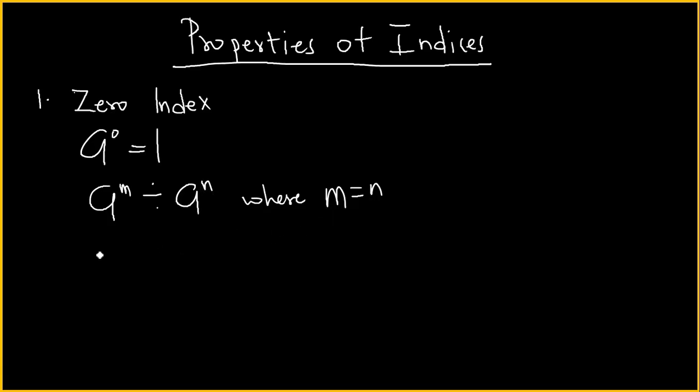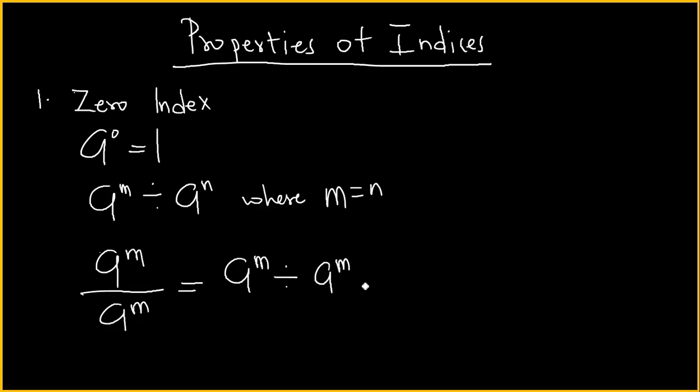So this is also rewritten as a to the power m divided by a to the power n, where m is equal to n, is equal to a to the power m divided by a to the power m, which is now equal to a.